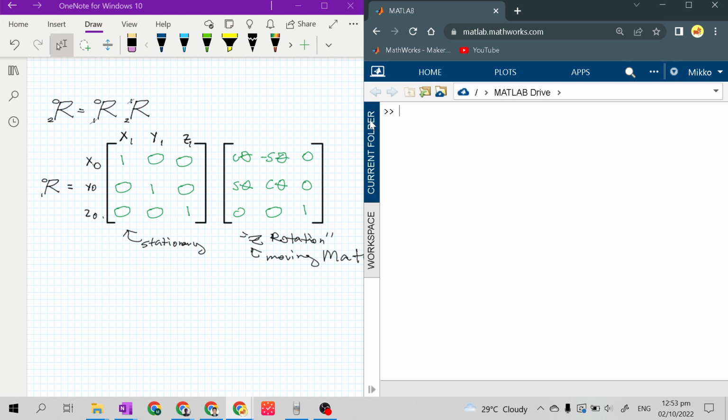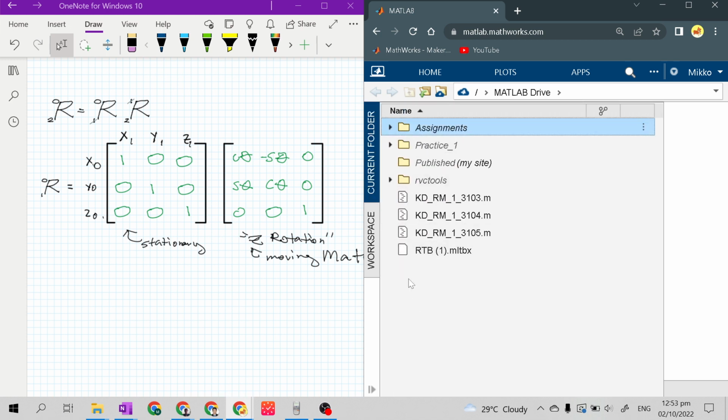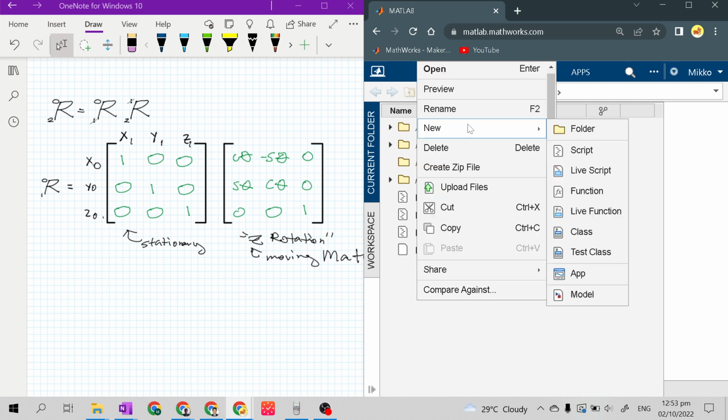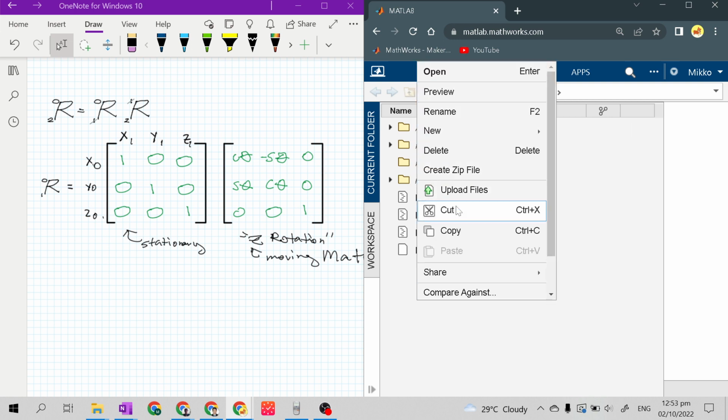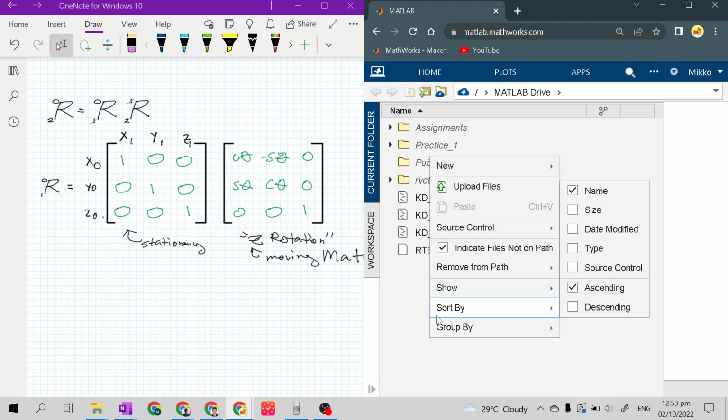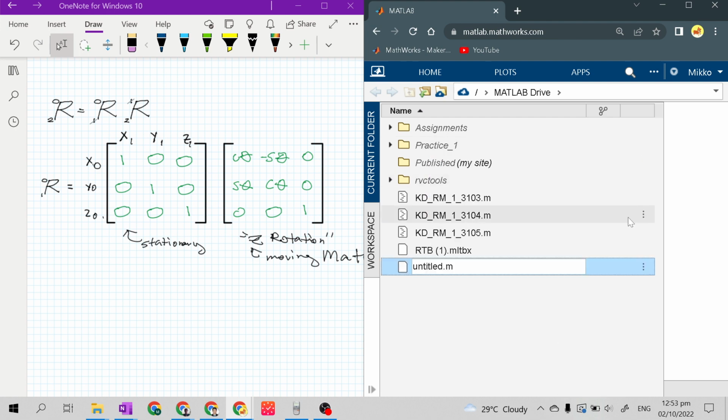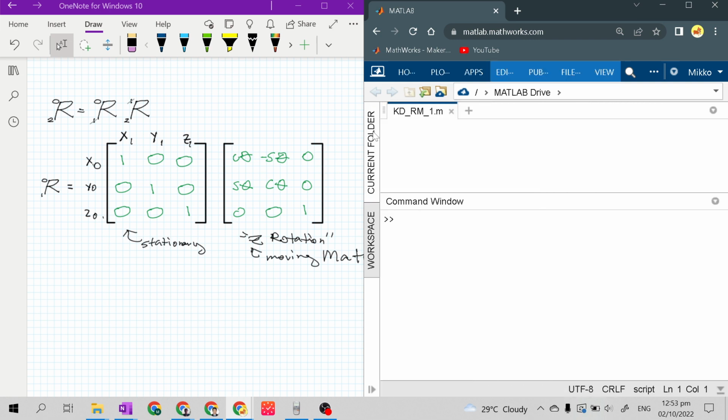So let's create a script. Let's name the script Kinematic diagram. Rotation matrix. So let's make it an example 1. Let's open the script.